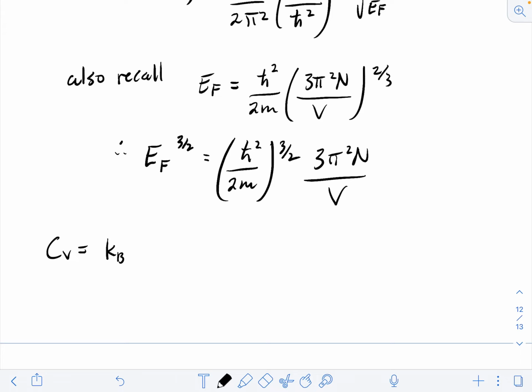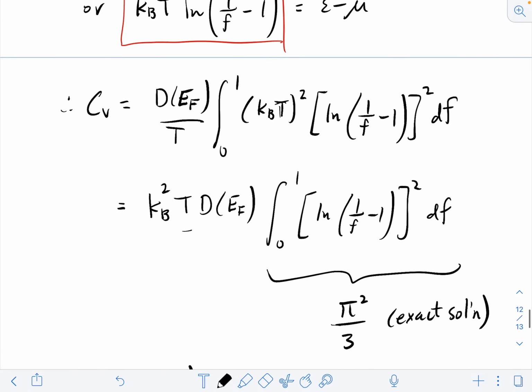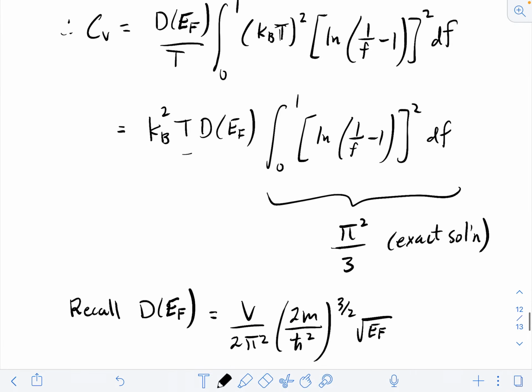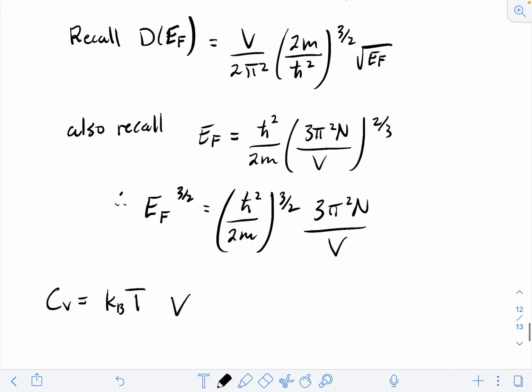So we have kB T, and then, where was it? It was up here, kBT, and then it was the density of states.